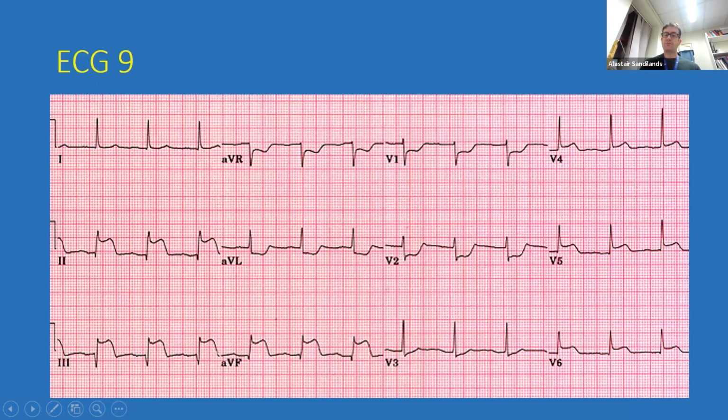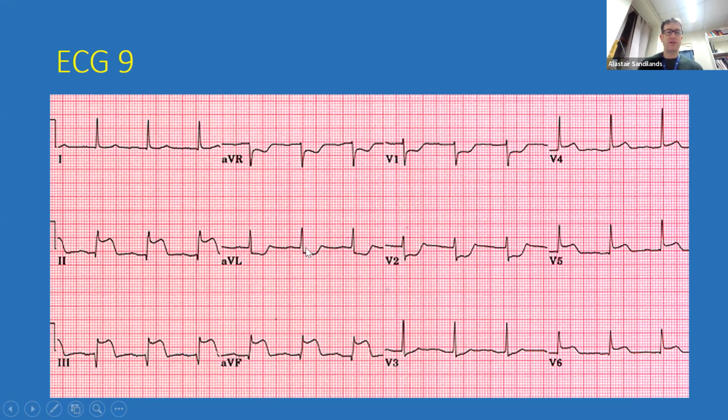Okay, so ECG number 9. So we're looking at lead 1 looks okay. AVR is negative. It's interesting.